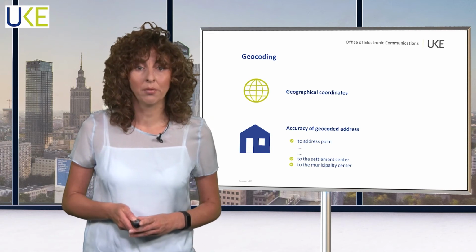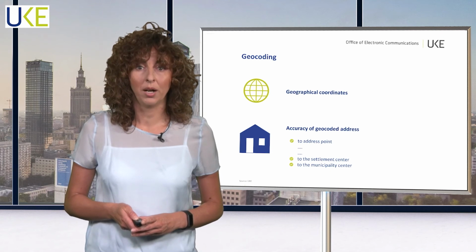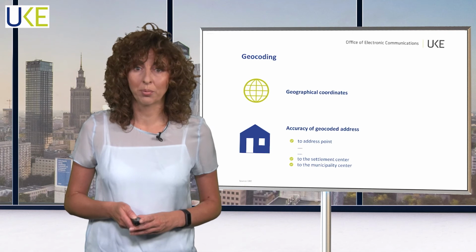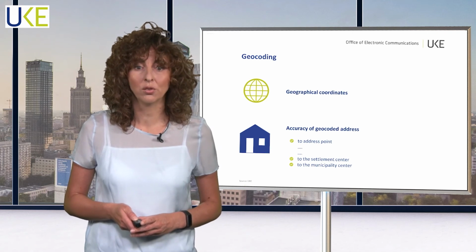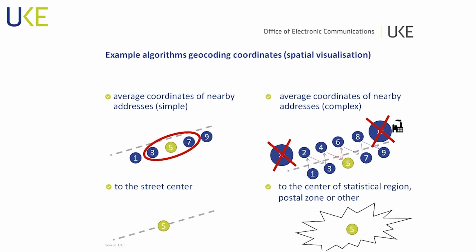Using publicly available databases, which were mentioned earlier by Joanna, we assign correct or approximate coordinates to addresses without coordinates. Below we have illustrated example diagrams showing how geocoding algorithms work. One of the most accurate methods is approximation of the missing coordinates between two coordinates.